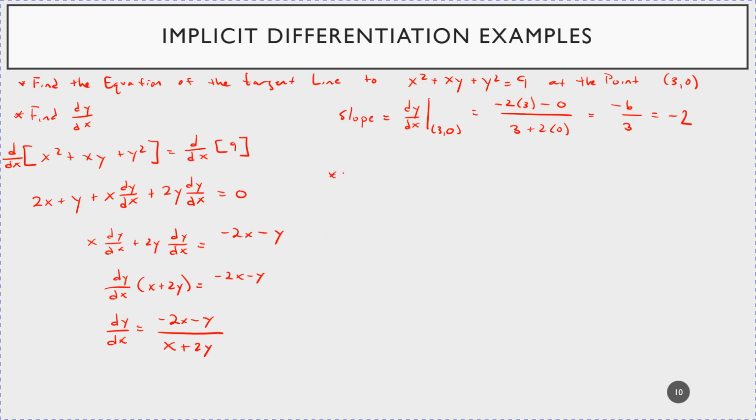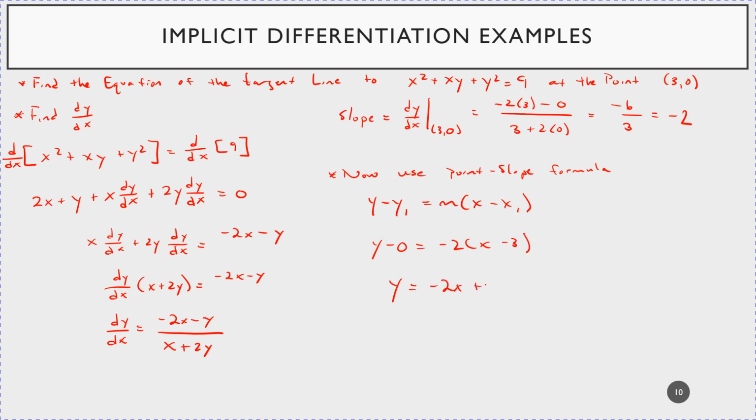So then now just use point slope. So y minus y1 is equal to m times x minus x1. So my point is (3, 0). So y minus 0 is equal to minus 2 times x minus 3, or y is equal to minus 2x plus 6, which is what we got.